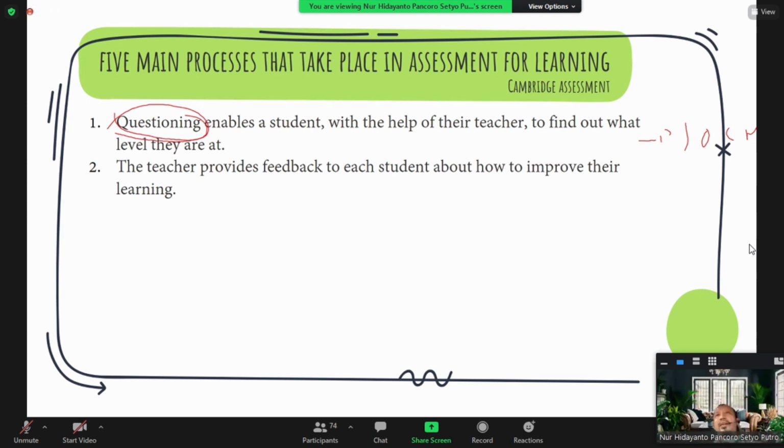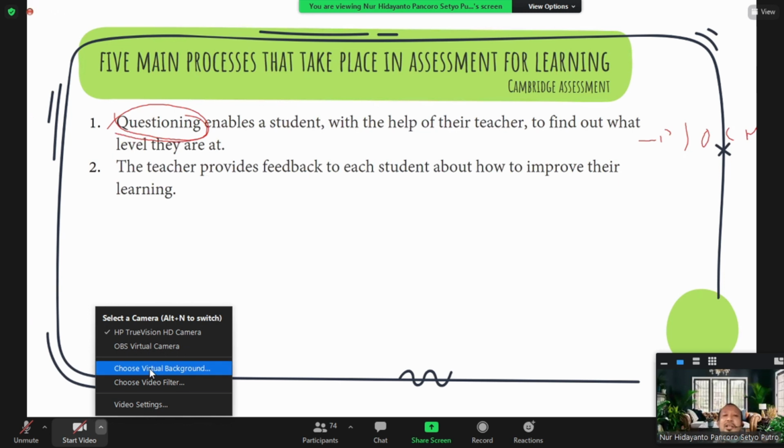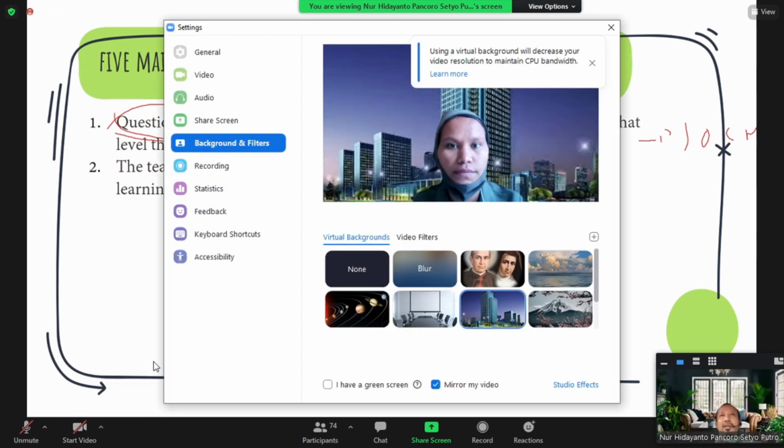Okay, you provide feedback. Okay, your weakness from our last assessment, from our last quiz, from my observation is this one, and this one. Okay, I mean, sometimes you are too tergesa-gesa to do your assignment, and then you are sloppy in dealing with your grammar and so on.